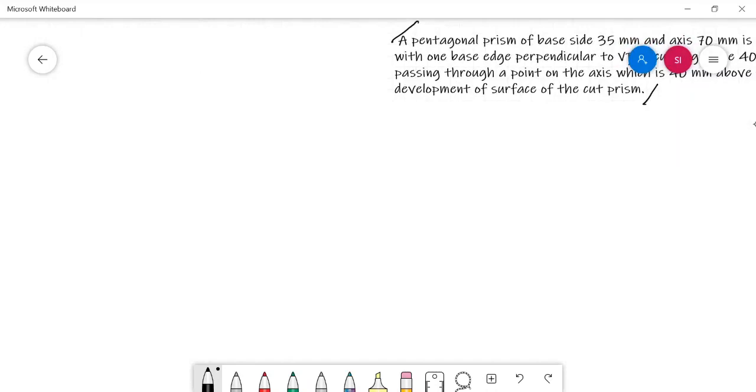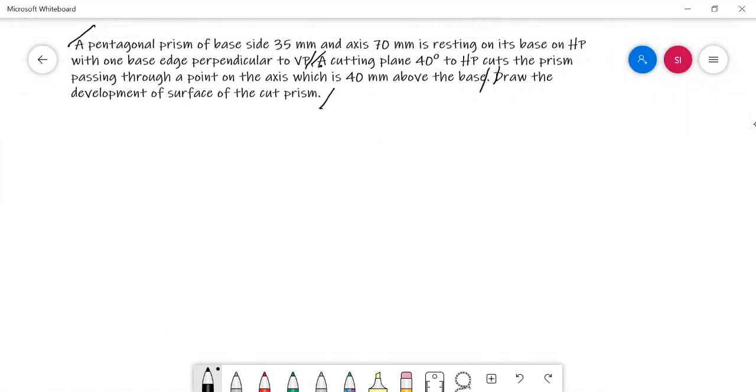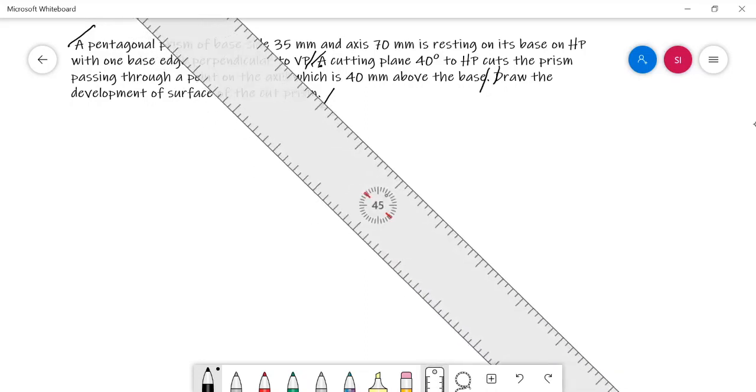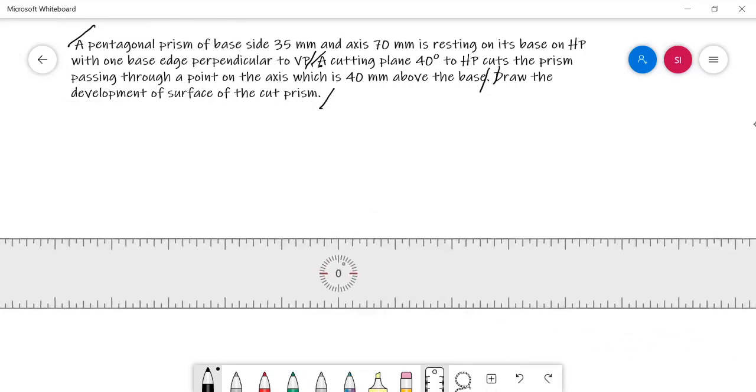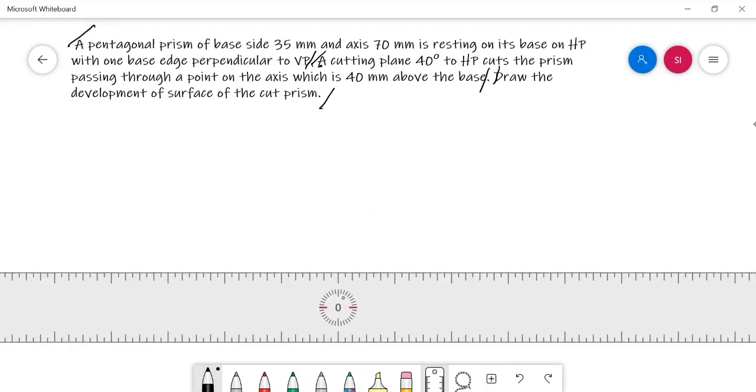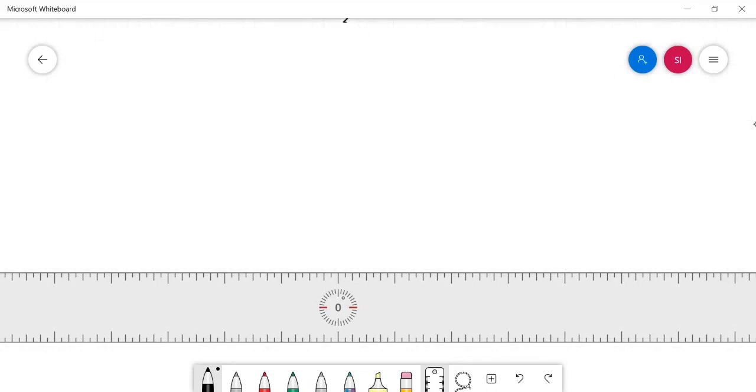So first, the solid pentagonal prism needs to rest on the horizontal plane by its base, and at the same time we need to maintain one base edge perpendicular to the VP. So based on our experience, we can say that the base view of the solid is obtained in the top view since the solid is resting on HP on its base.